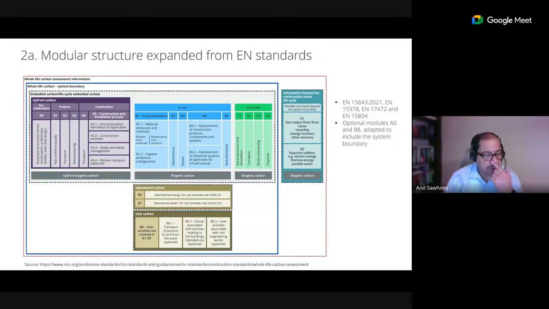It can be further broken down into A5.1, any emissions resulting from demolition, if applicable in your project. A5.2, from all construction activity, pouring concrete, painting, perhaps lifting materials, excavation, everything. A5.3 is from waste and waste management. Typically, you have waste factors.